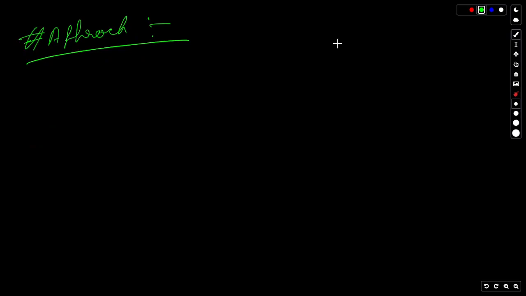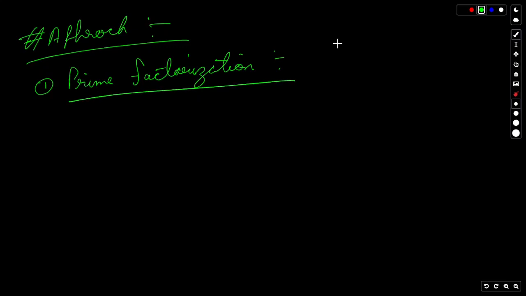The very first approach to this problem is prime factorization. It's simply whatever we have been doing till now. For a number, we prime factorize it and look at whether each prime factor is one of those three numbers, 2, 3 or 5.